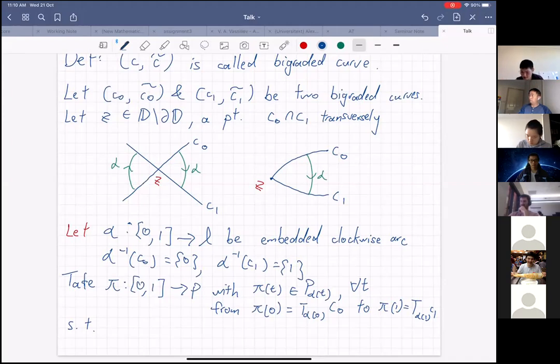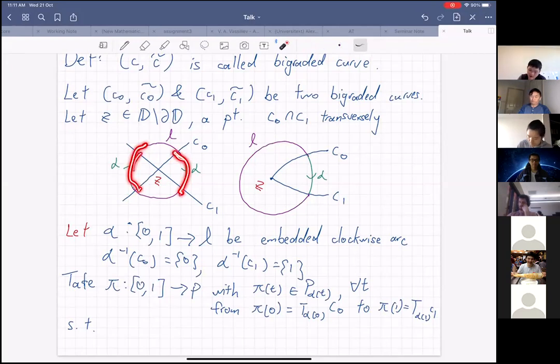So L actually is, okay, before taking this alpha, you can think of this alpha as part of a circle. So let me draw. You can draw a circle around this intersection, and this circle will be called L. This L is not important, but if you want to check well-definedness, you will use the whole circle to check, because you can go in this way up or this way down.